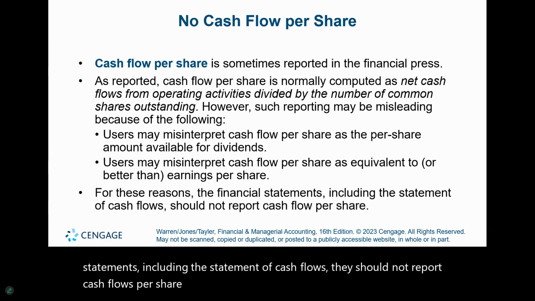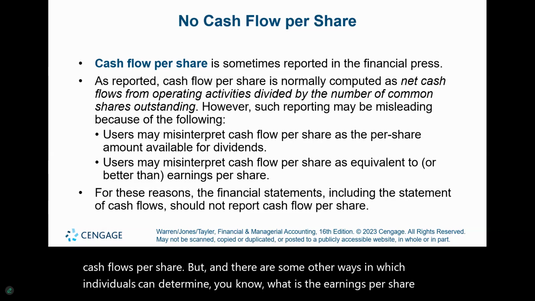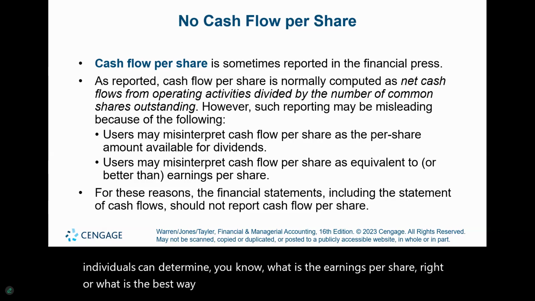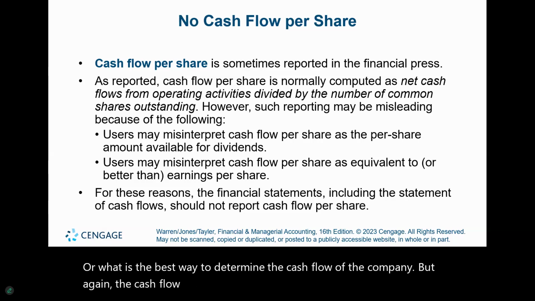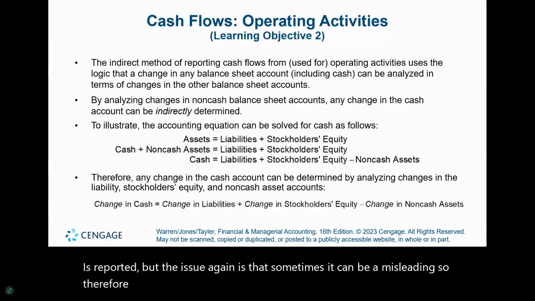And there are some other ways in which individuals can determine the earnings per share, or what is the best way to determine the cash flow of the company. But again, cash flow per share is sometimes reported, and the issue is that it can be misleading, so it is not ultimately reliable or something to depend on solely to make a decision.